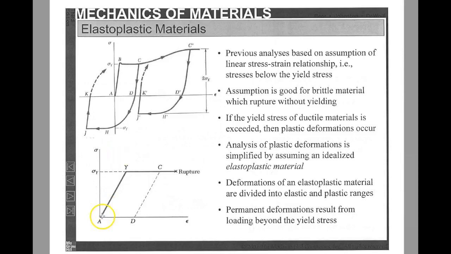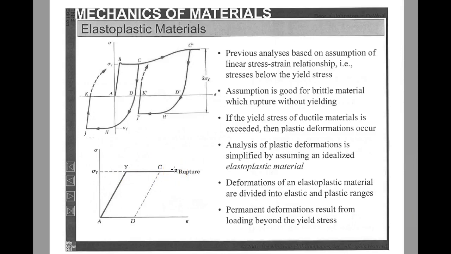Now what an elastoplastic material does is it proceeds from zero stress, zero strain, 0, 0 on the stress-strain diagram, up to this sigma yield in a straight line fashion, so that once again here A to Y is the elastic region of behavior.